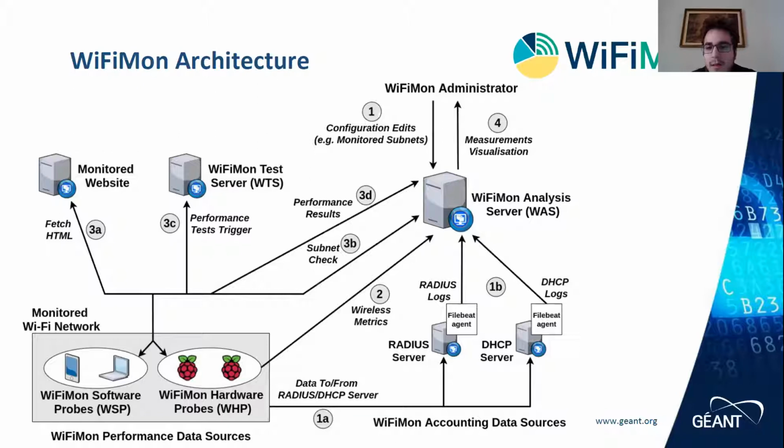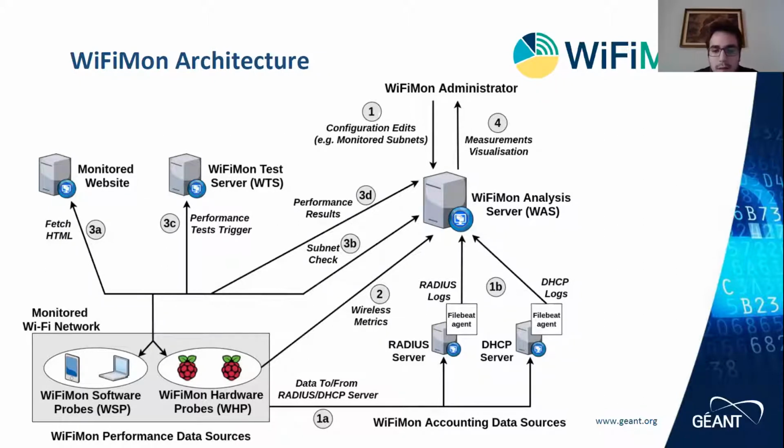The WiFiMon analysis server is the main component that analyzes performance measurements or other sources of data and provides visualization to the administrator. The first thing the administrator has to do is configure the subnets that are going to be monitored. As you may see on the figure, WiFiMon has two sources of data: performance data sources and accounting data sources.